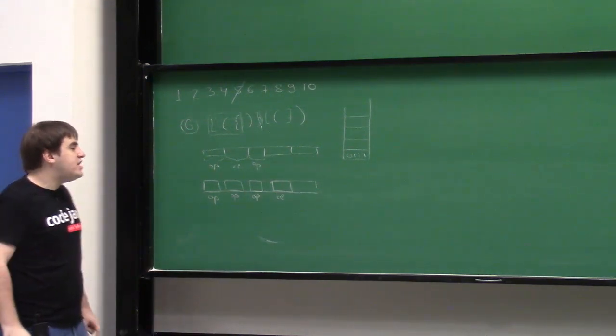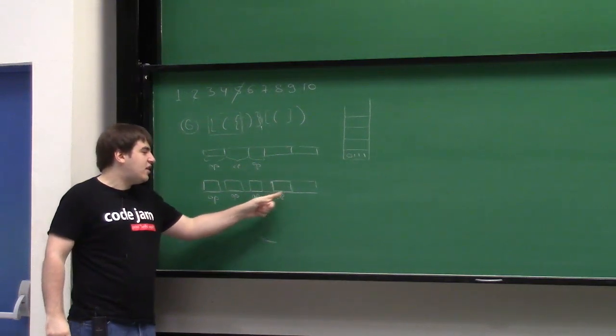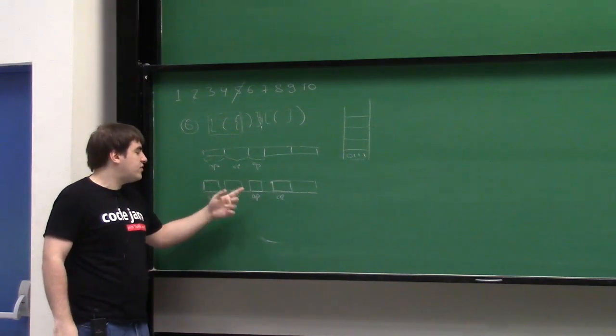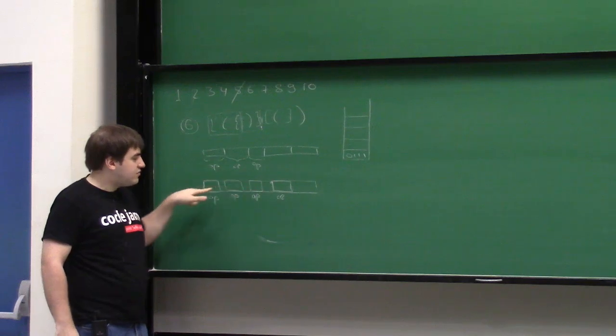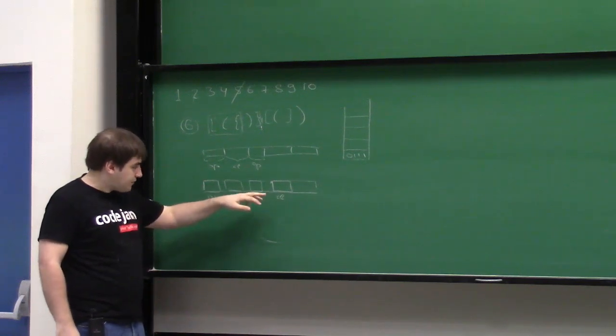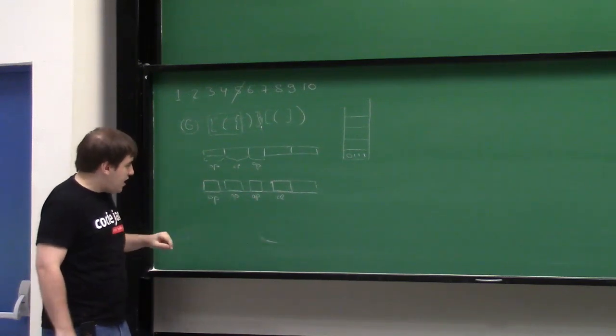What happens now? We need to match each closing bracket with some particular opening brackets from these ones. So how can we do that?